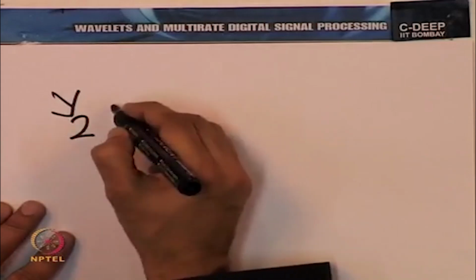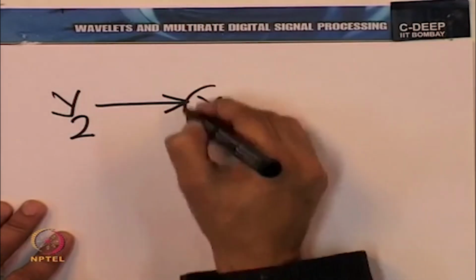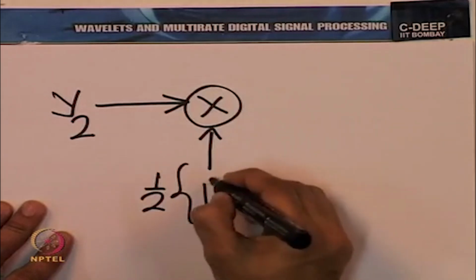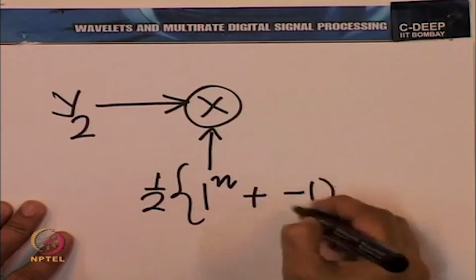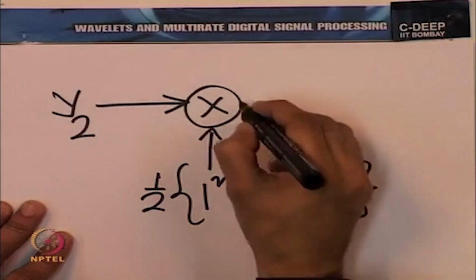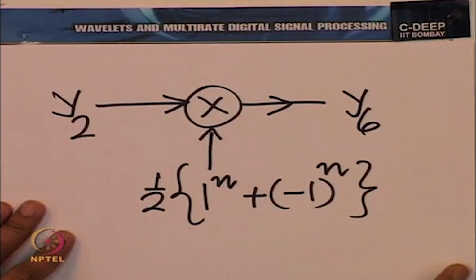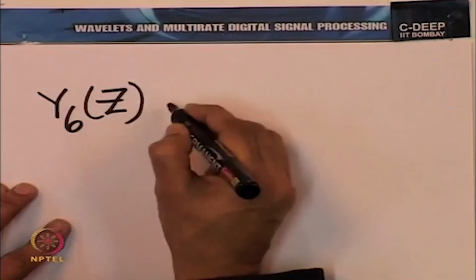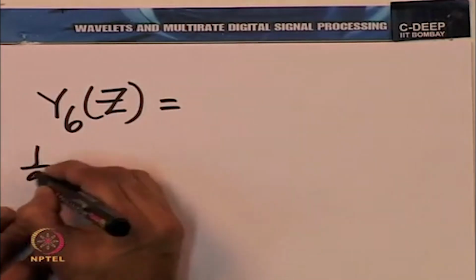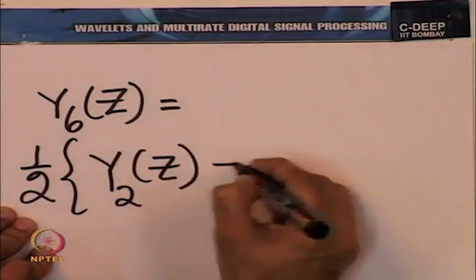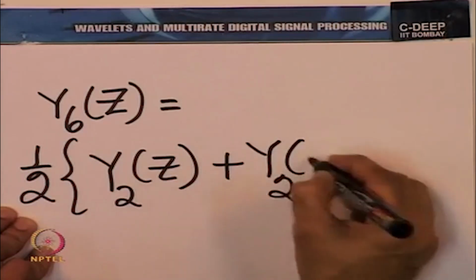So, we have y2 is modulated to obtain y6, and therefore, Y6(z) is half Y2(z) plus Y2(-z).